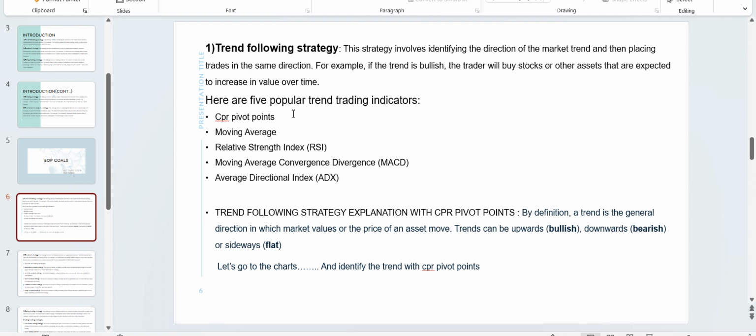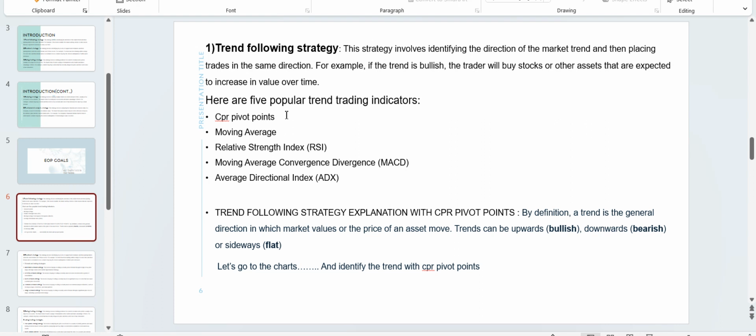Maybe after 5-10 years also I'm going to trade with CPR pivot points, which is a leading indicator. That means this indicator is a price based indicator. Price action is supreme in the stock market, day trading, or any investment. You have to consider the price action along with CPR pivot points. That would be a great advantage to you, trust me.